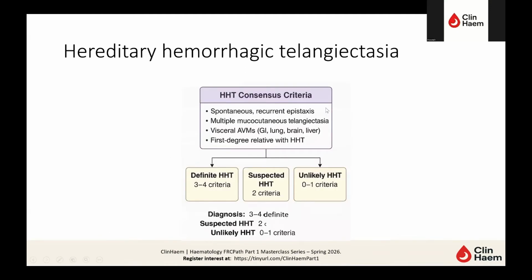So this is the HHT diagnostic criteria. You have four features: spontaneous recurrent epistaxis, mucocutaneous telangiectasias, visceral arteriovenous malformations, and first degree relatives with HHT. If they have all four, then this is definite. Three or four is definitive for HHT. Otherwise, it's as stated.